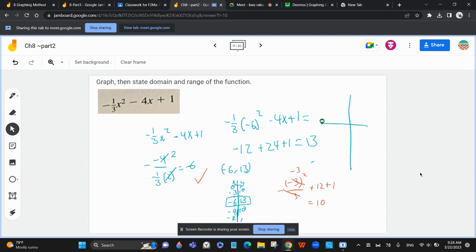Yeah, it's upside down. Yes, yeah, it's wider.